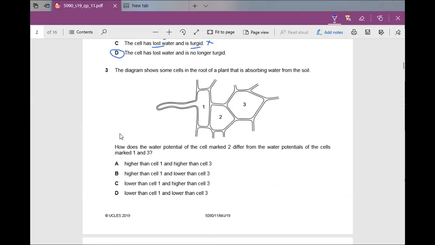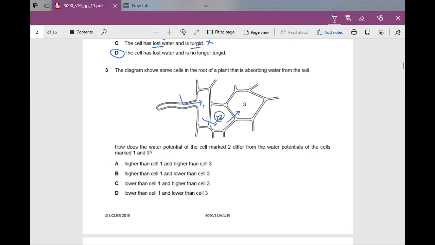Number 3: the diagram shows some cells in the root of a plant that is absorbing water from the soil. Here we have 3 cells. How does the water potential of the cell marked 2 differ from the water potential of cells marked 1 and 3? First of all, we have to understand the phenomenon: water enters cell 1, then goes to cell 2, then goes to cell 3.